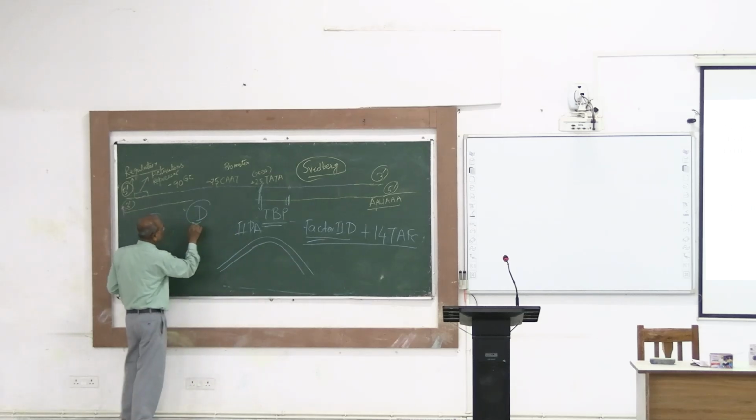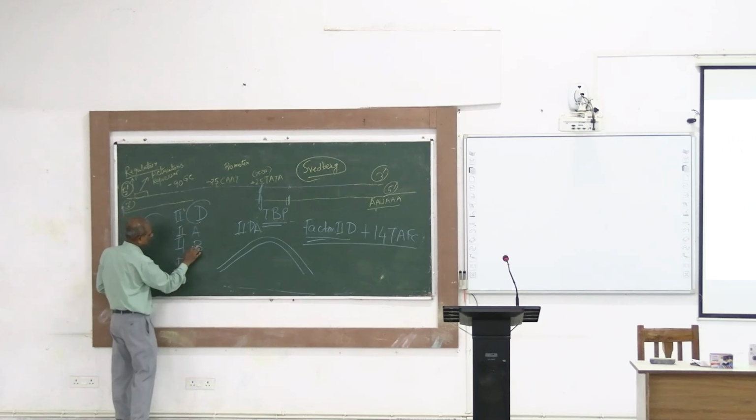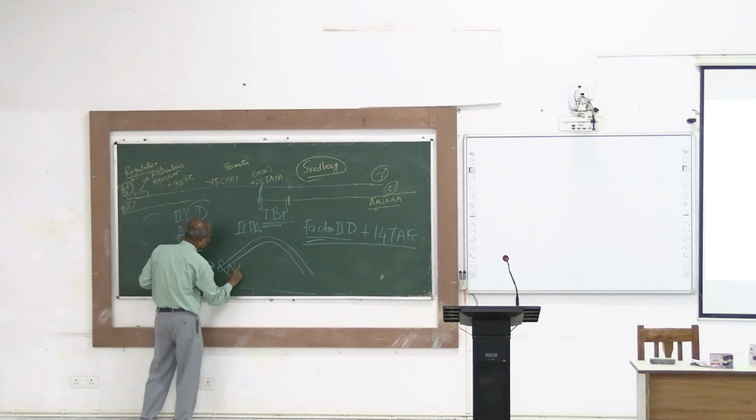Now factor 2D is there, then subsequently factor 2A, then 2B. Factor C is not there, D is already there, E is not here yet, F is there. F is associated with RNA polymerase 2.